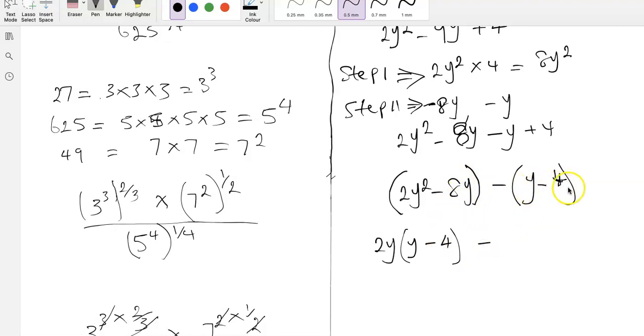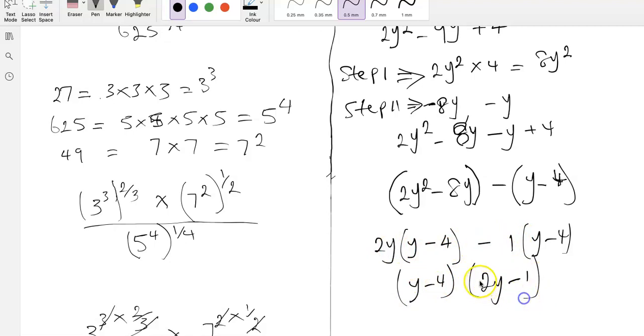The common factor is just 1, so 1 into y minus 4. Since we have a common factor y minus 4, we have y minus 4 into 2y minus 1.